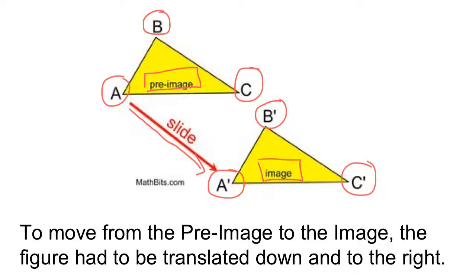B prime is the top corner, and C prime is the lower right-hand corner. All of these sides and corners are in the same relative location before and after the translation. So to move from the pre-image to the image, this figure had to be translated down and to the right.